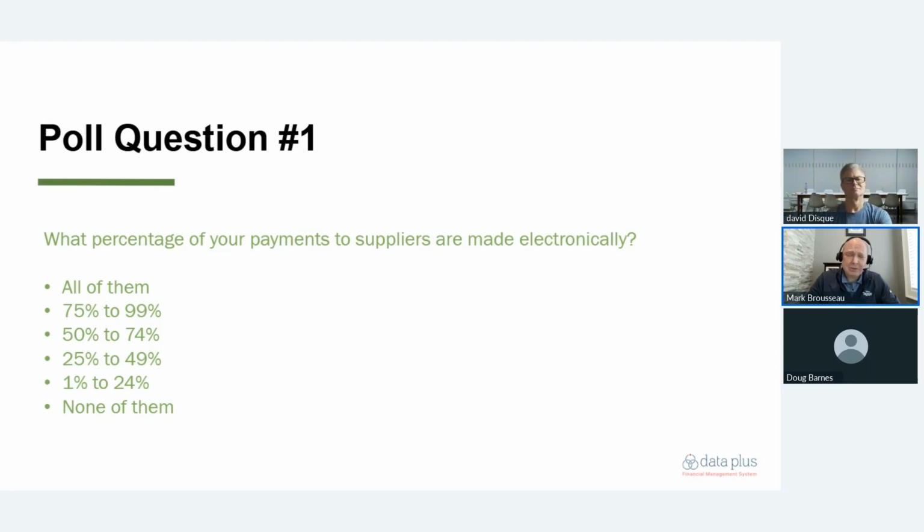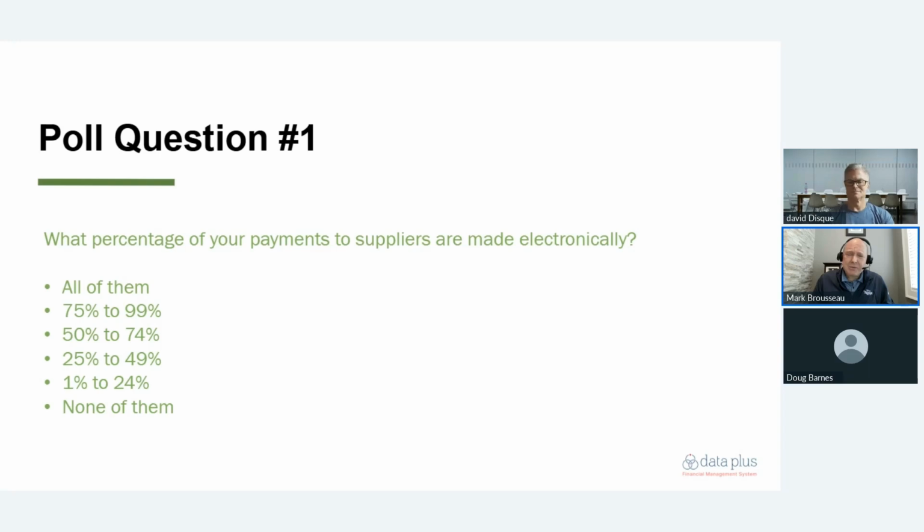Between 25% and 49%. 1 to 24% of your payments to suppliers are made electronically, or none of them. All of your payments to suppliers are made via paper check. Take a moment to respond to the poll question now displayed on your screen.